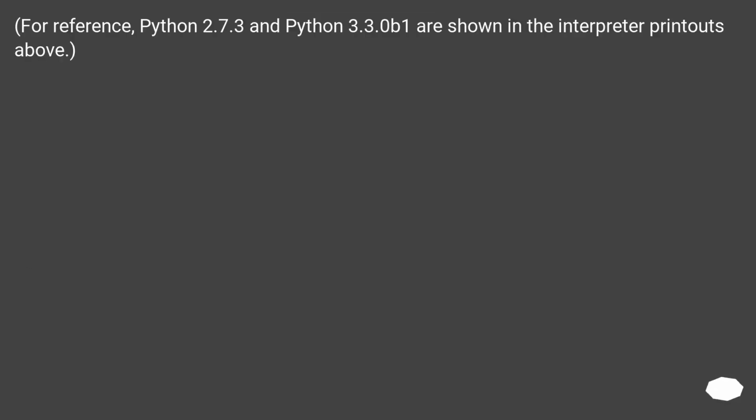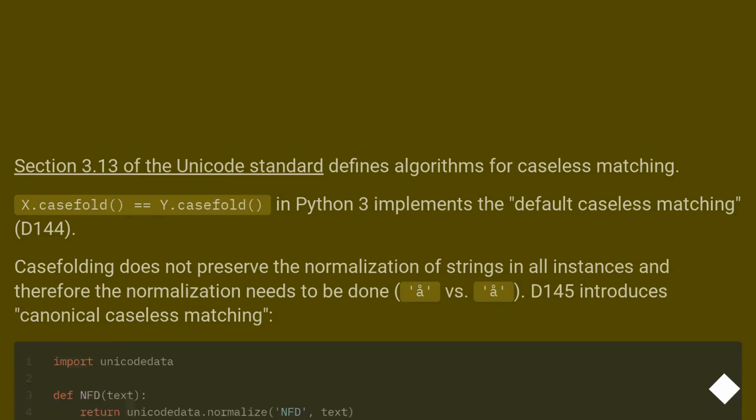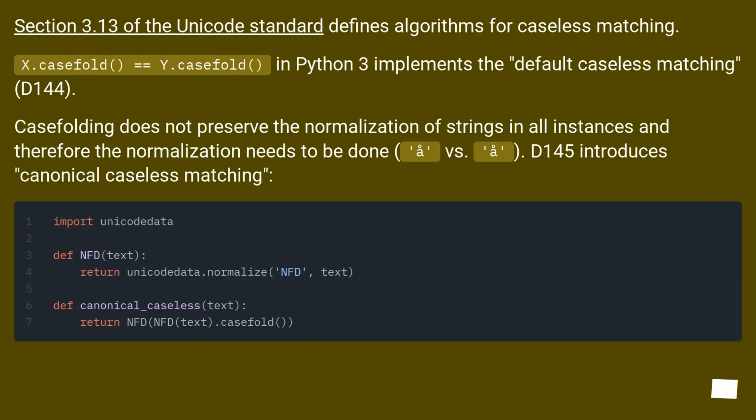For reference, Python 2.7.3 and Python 3.3.0b1 are shown in the interpreter printouts above. Section 3.13 of the Unicode Standard defines algorithms for caseless matching.